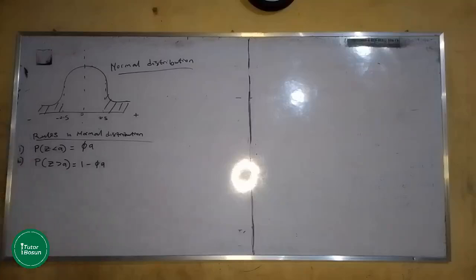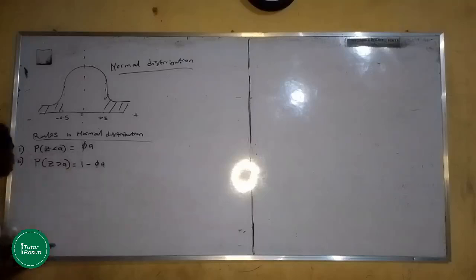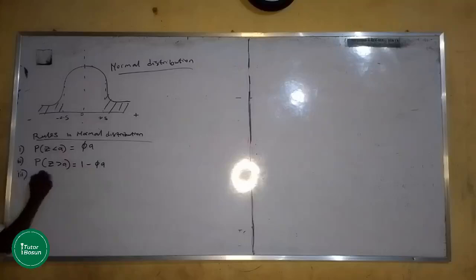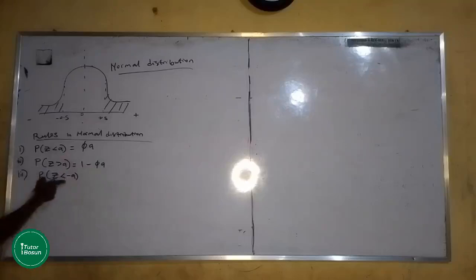So what Φ(a) means is just the value in your statistical table. Just go and check the value of z under your statistical table. So the next rule says if you have z less than minus a, this is also less than, but we have a negative here, minus a. That negative is not desirable because you cannot check for a negative value in your statistical table.